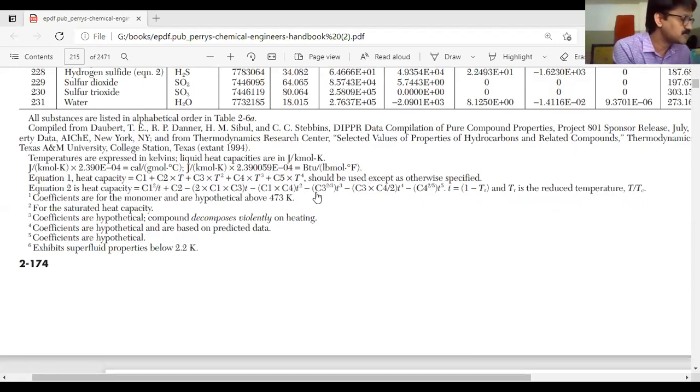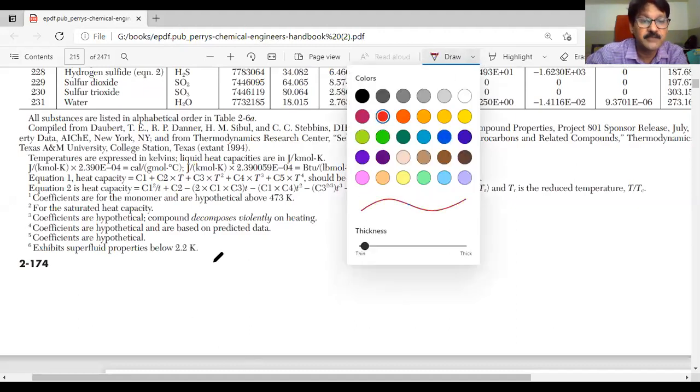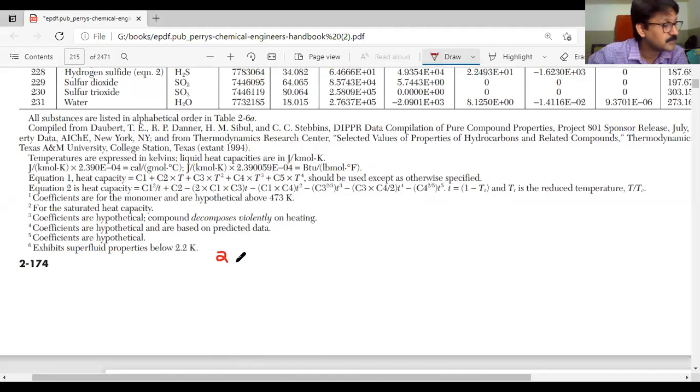One minute, I'll write it once again. I think it is 2.2841.